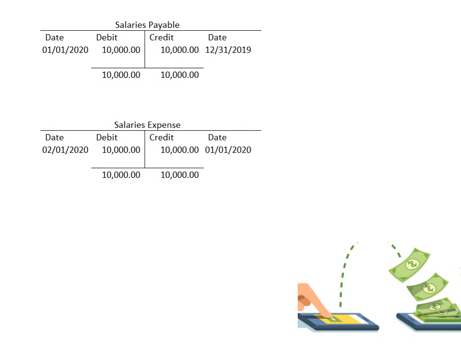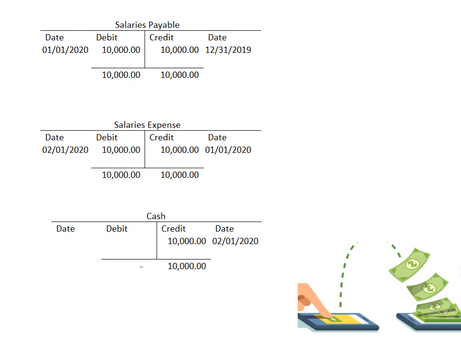No salaries expense is to be recorded for the current period because this salary pertains to the prior period, and it was already recorded in the prior period because we made the adjusting entry. For cash, we credit 10,000, because we paid in cash the salaries payable.